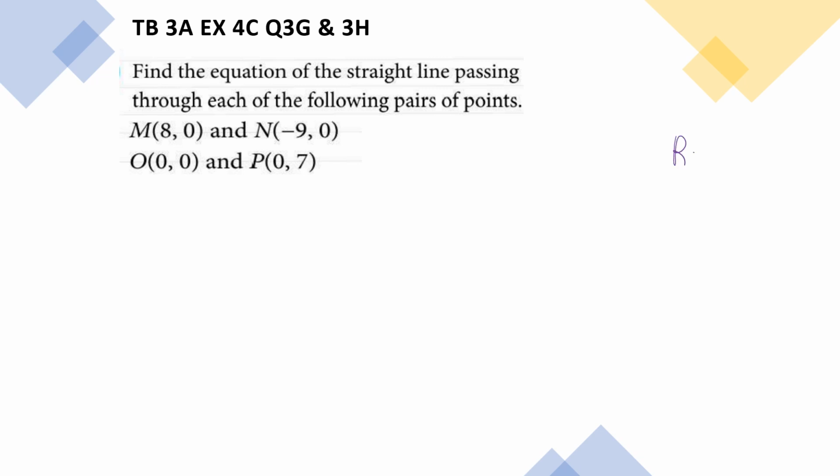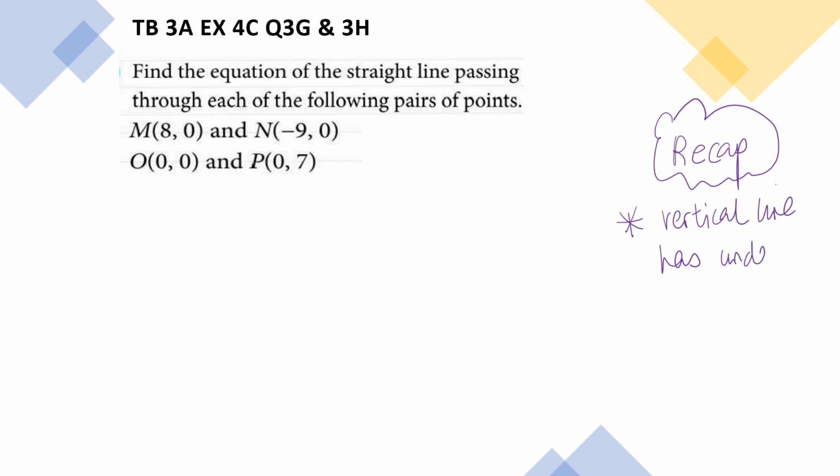And therefore, the equation of the vertical line would be, sorry, wrong. A vertical line cuts the x-axis, so it would be x equals a, and a is just your x coordinate.